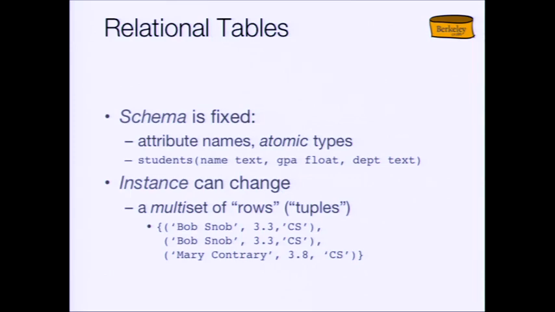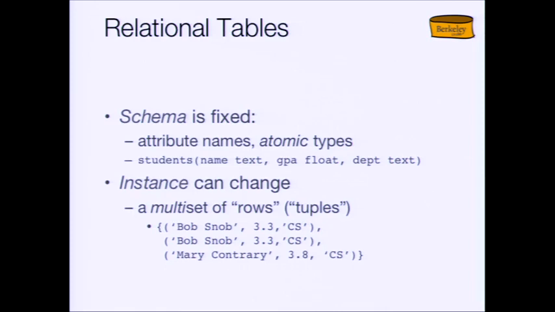You can have a column of type JSON, or a column of type set of something, or a column of type array of something. Those are all extensions to basic SQL that modern systems support. But for textbook database, and that's all we'll do for now, assume that the column types are atomic types, like text or integer or float.